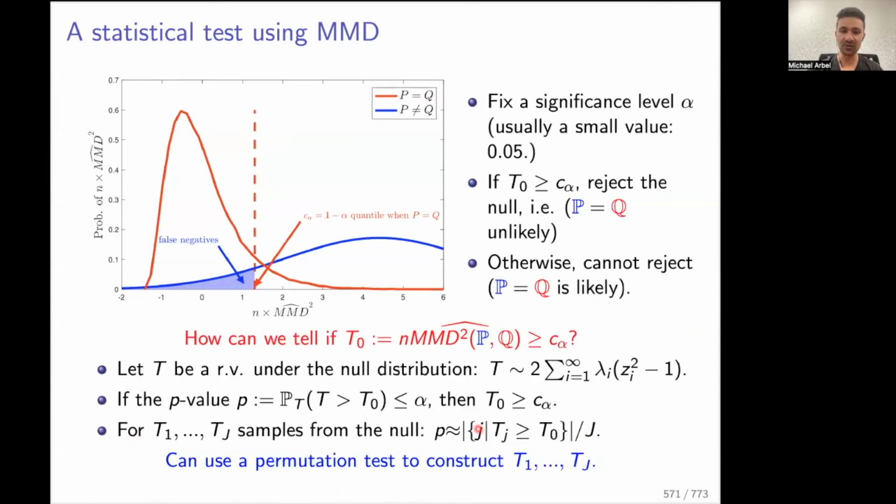And so this allows to estimate the p-value and then to conclude whether one should reject or accept the null hypothesis. So this is a nice way that one can use kernels in order to perform statistical tests on arbitrary data just by choosing a suitable kernel and then applying the same procedure once this is done.